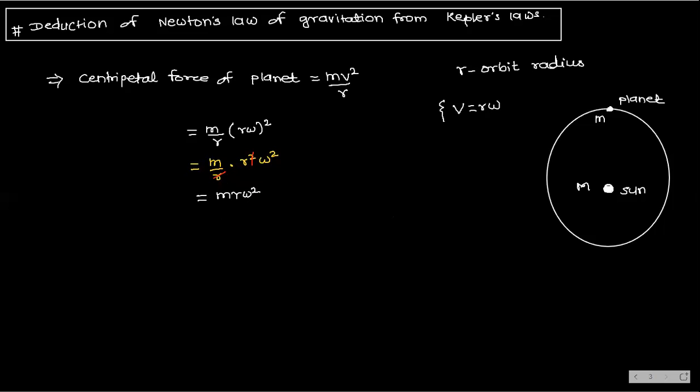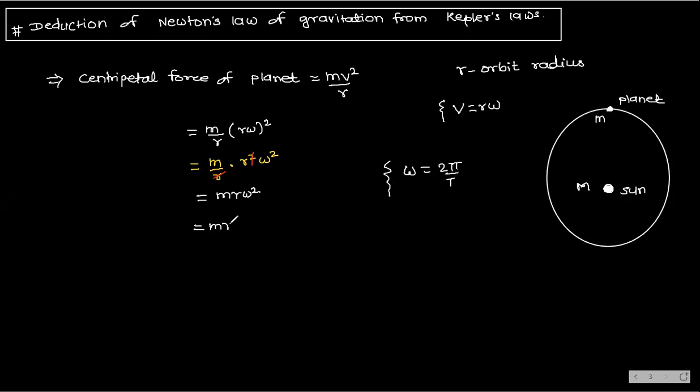Now we have one more formula: omega is equal to 2 pi by T. Remember? Now I am substituting here.